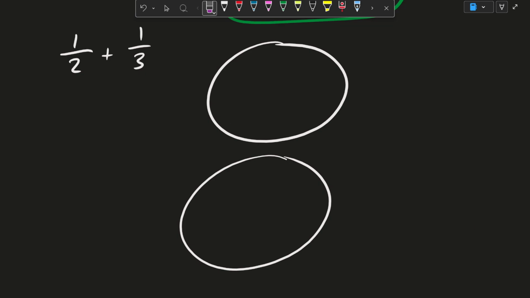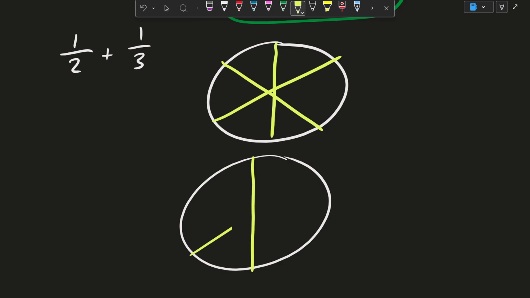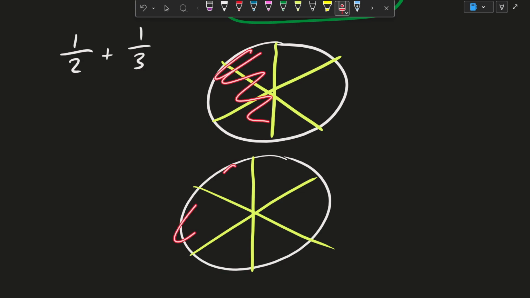So I'm going to make sure I can split it into half with a proper integer number of slices, as well as into thirds. So the way we can do that is if we split it into intervals of 6. Now we can see that we can eat half the pizza and then eat a third of a pizza.